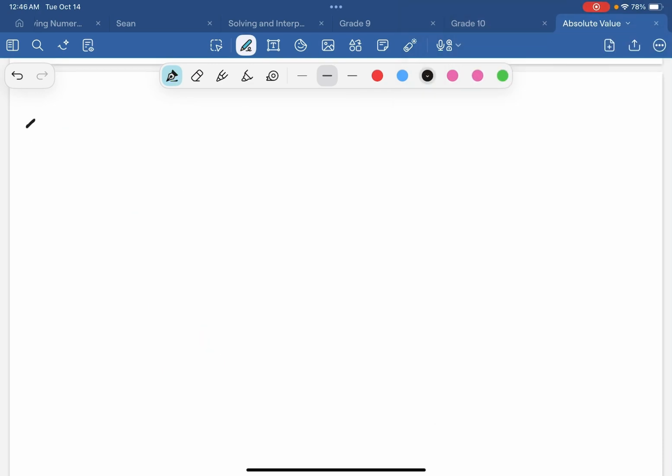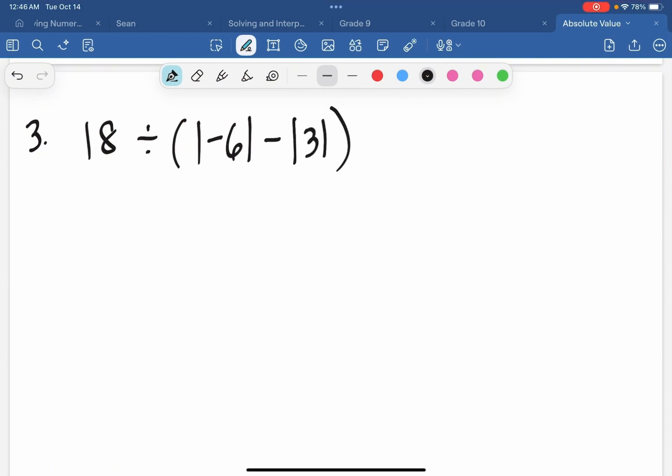For the next example, we have here 18 divided by the quantity of the absolute value of negative 6 minus the absolute value of 3, then plus negative 7. Again, first we need to have the groupings.